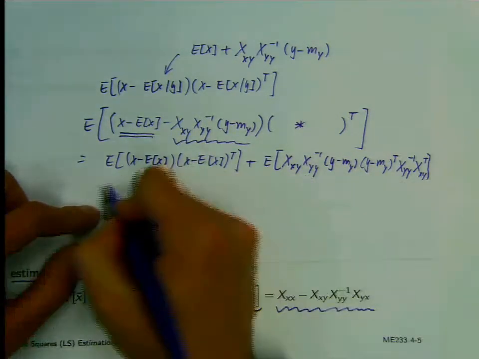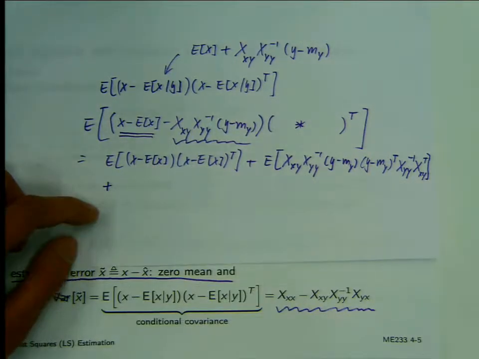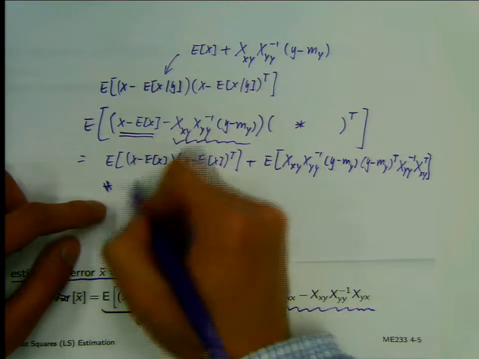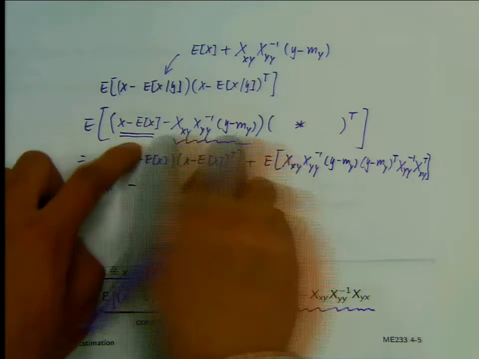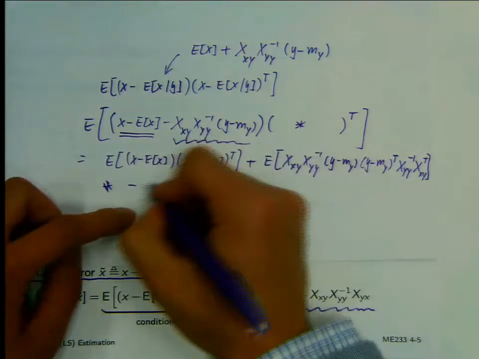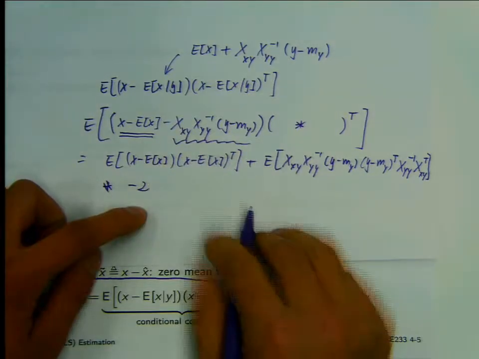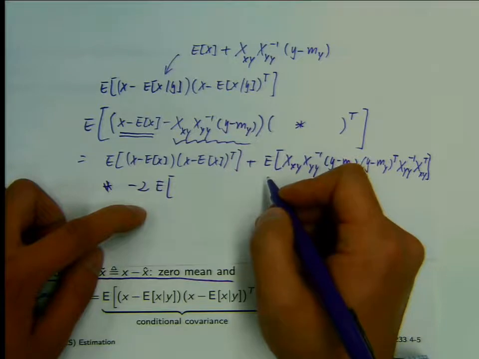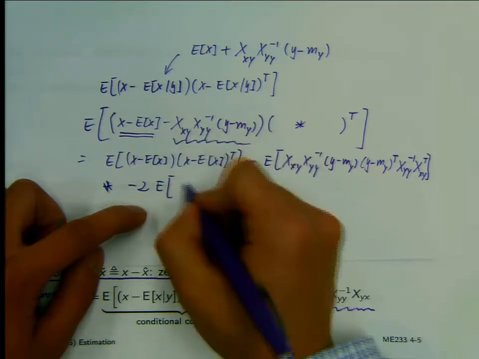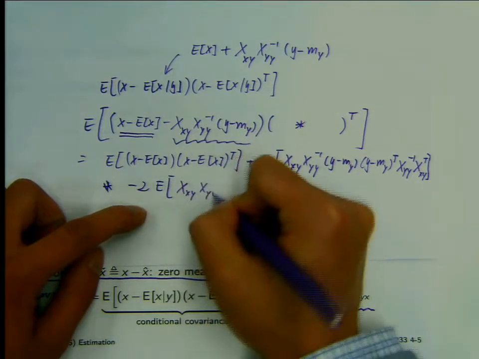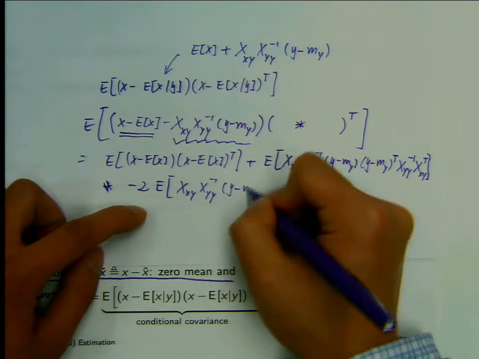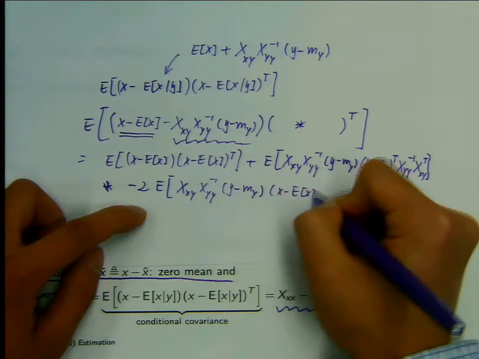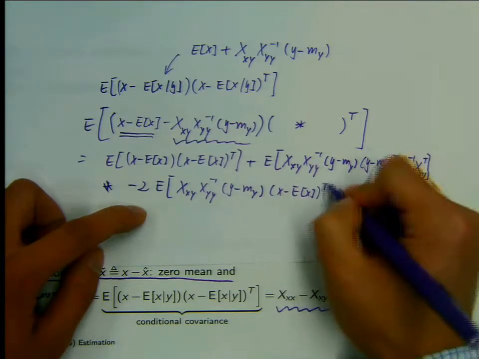So there will be another term. What's the third term? The third term is the cross product term between these two in this quadratic function, which is going to be minus 2 expectation of Σ_xy Σ_yy inverse, y minus expectation of y, x minus expectation of x, transpose.